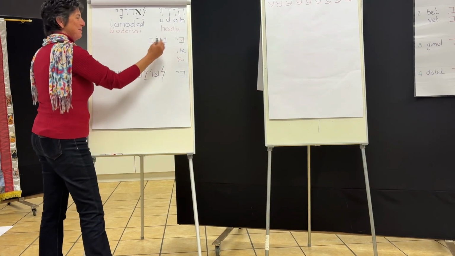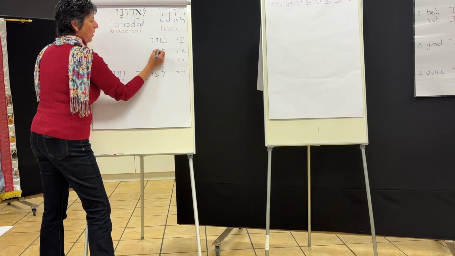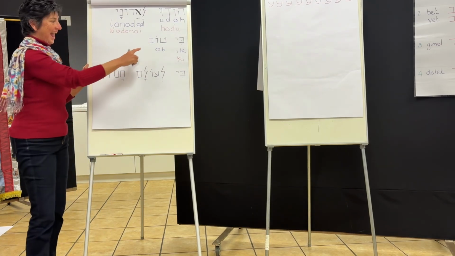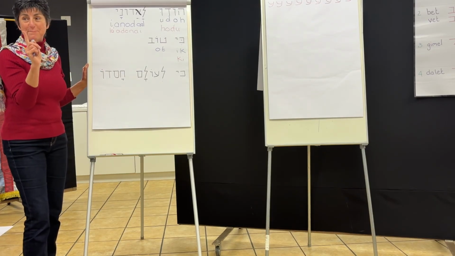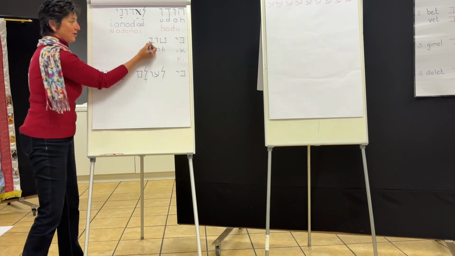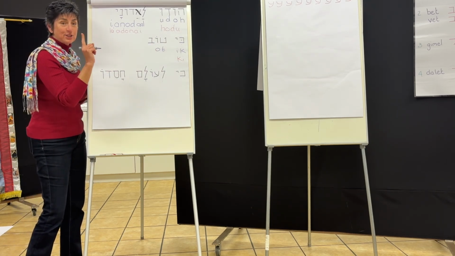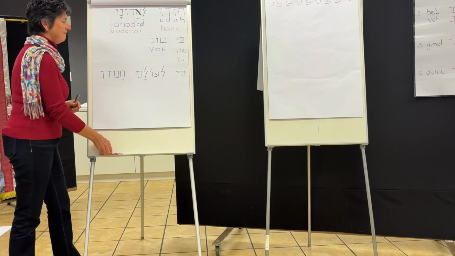Here we have a Tet and an O, a Bet, a vet, because it hasn't got a dot. So it is a bet, but it hasn't got a dot, so it becomes the softer sound. So it's a V or a Va.